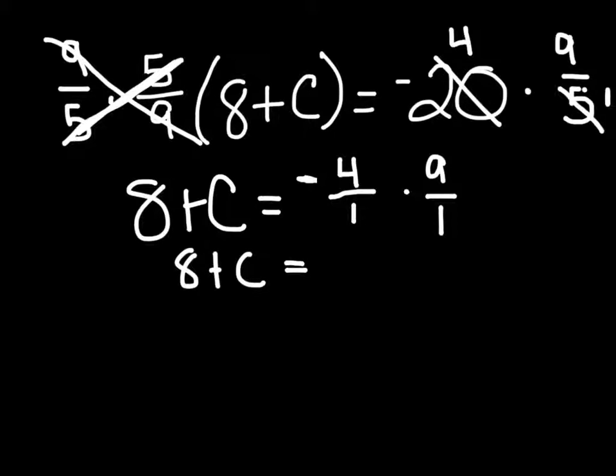And what's negative 4, because I still have to have that negative, times 9? Oh, I did say negative times negative, didn't I? Negative 4 times positive 9 is negative 36. Now what do I do?